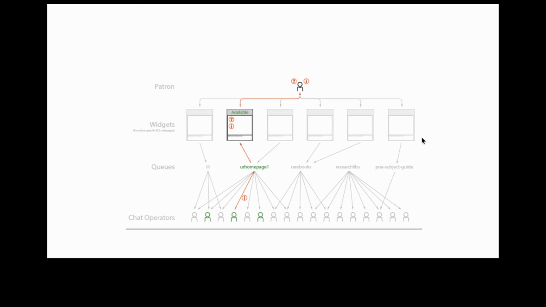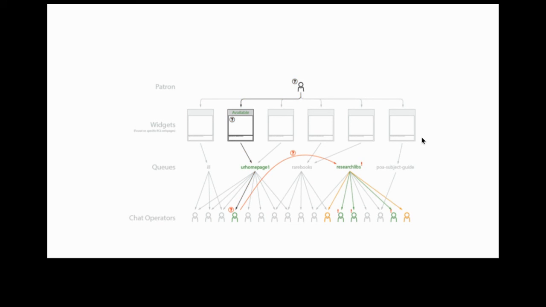The way they would do that is transfer it. So our staffer, who's still in this one-to-one conversation, says, I'd like to transfer it. They transfer it to this research libs queue, and so it bings all the research librarians. They all hear a little ding at the same time, and the first person to pick it up will be the one in conversation with our patron.